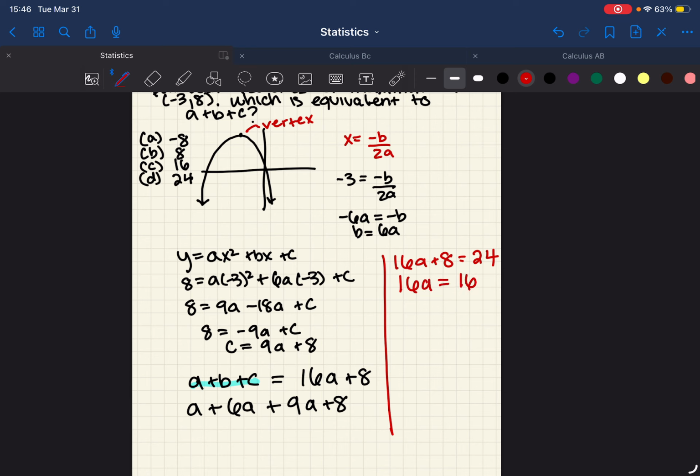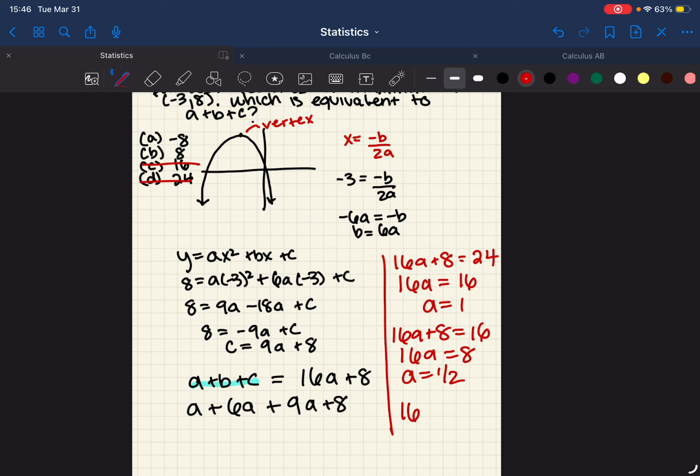Divide by 16, a equals 1. That can't be the answer because a must be negative. Then I check the next one. 16a plus 8 equals 16. Subtract 8, so 16a equals 8. Divide by 16, a equals 1/2. Again, can't be that because I need a to be negative.